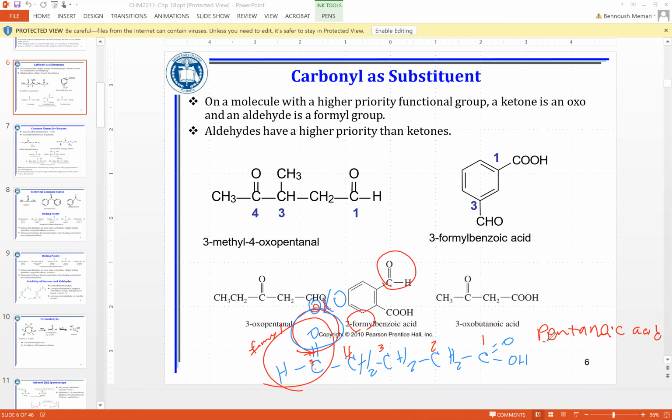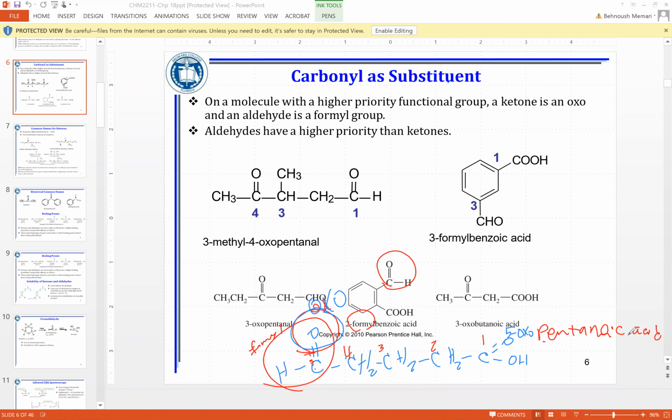So if you say pentanoic acid, which means the 5 carbons are already counted, you cannot separate the formyl, because then by mistake you are giving extra carbon to your compound. So you just have to say oxo, and the oxo is on carbon number 5 in this case, and it's going to be 5-oxopentanoic acid.